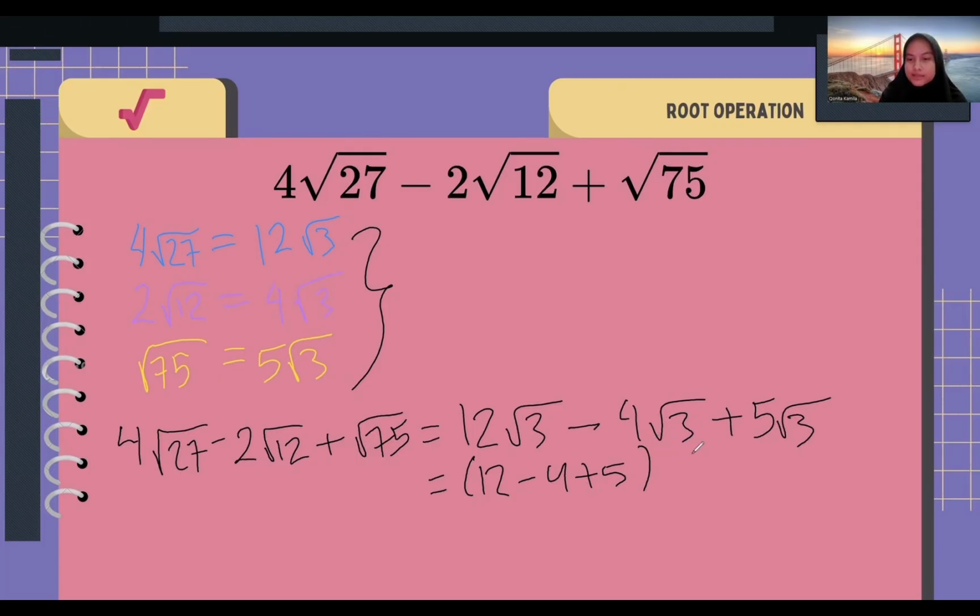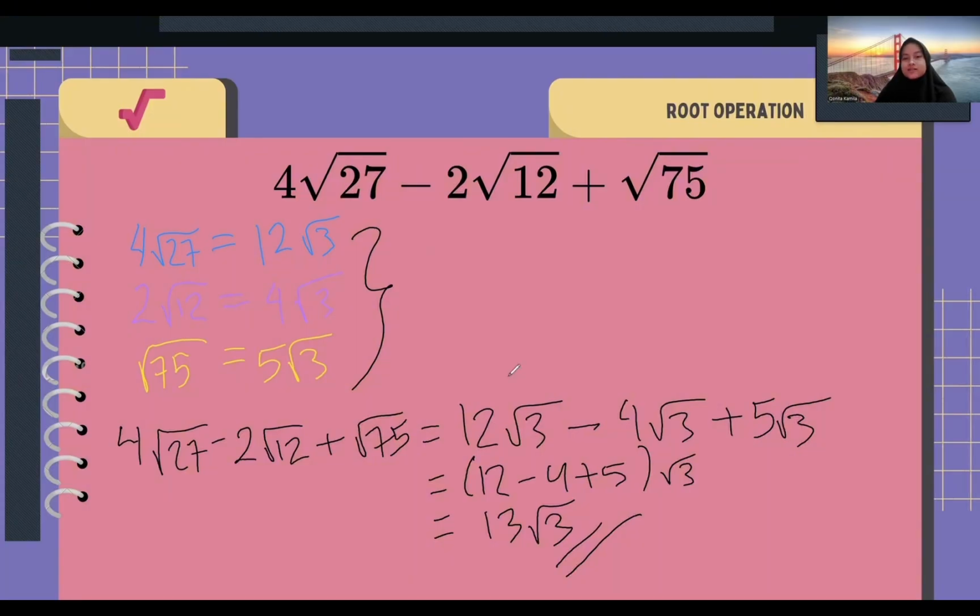And we just stick the square root of 3 back on our coefficient. So 12 minus 4 gives us 8, and 8 plus 5 gives us 13. So 13 times the square root of 3. This is our final answer.